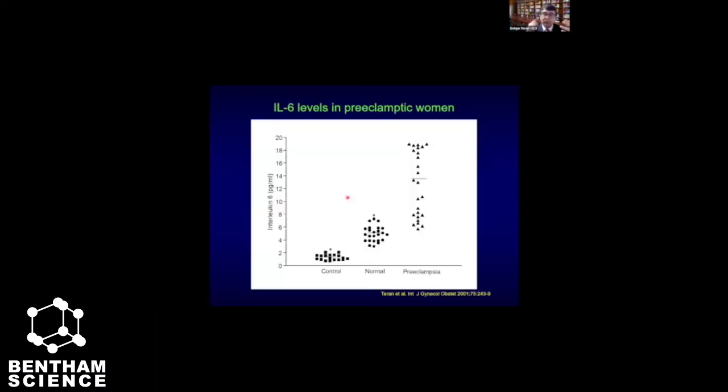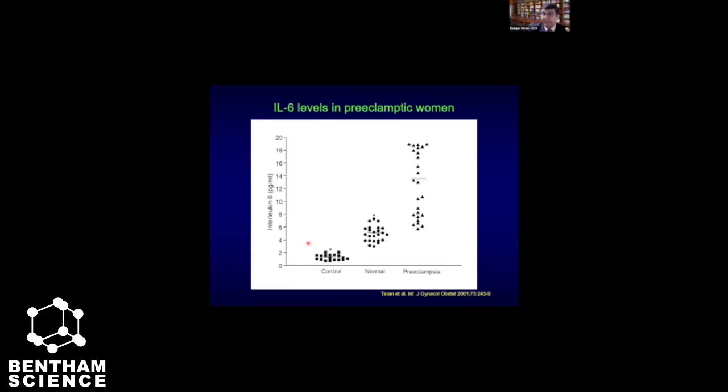So we decided to start very early measuring inflammatory markers during preeclampsia. One of our first reports showed that in fact during preeclampsia there are quite high levels of IL-6 compared to normal pregnancy, and even more than control non-pregnant women.